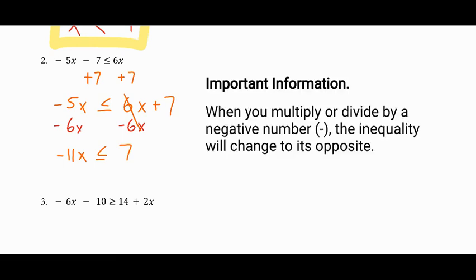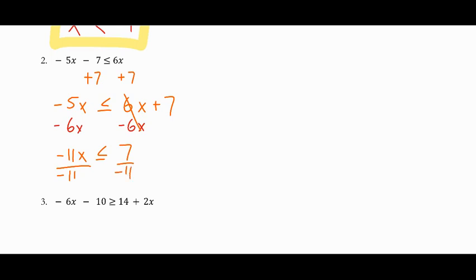Now when it comes to inequalities, anytime we divide or multiply by a negative number, the symbol switches. So in this case, as you can see, we need to divide both sides by negative 11. Because we're dividing by a negative number, the symbol will now switch from less than to greater than.